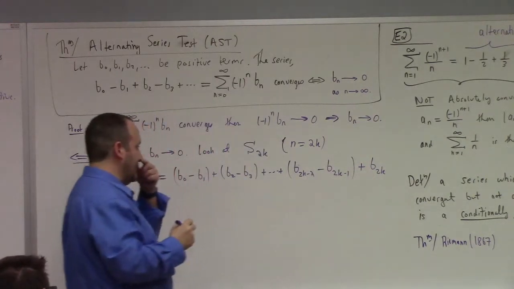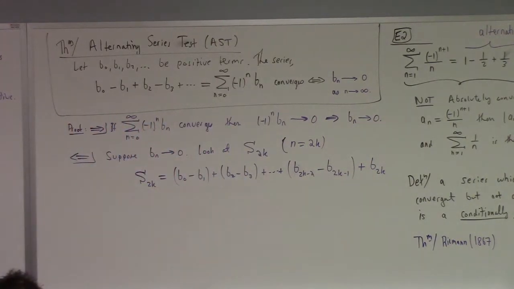What can we say about this? If b sub n limits to 0, and b sub n is positive, what does that say about the sequence b sub n? Is it increasing? Is it decreasing? It must be decreasing, otherwise it couldn't have limit 0.